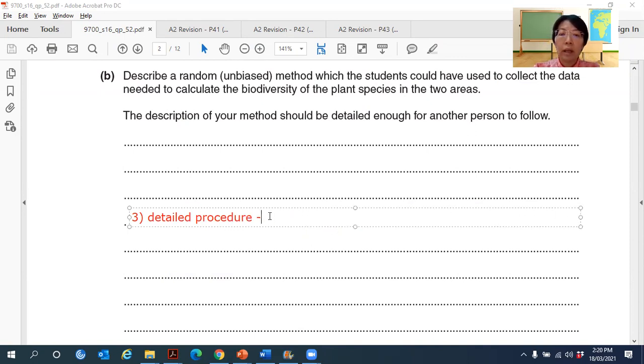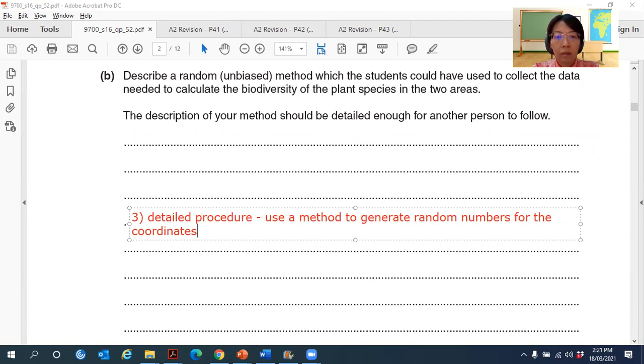So after you have drawn the grid, whatever points I've written just now, after drawn the grid and after assign the coordinates, so you have to choose the quadrant for sampling by use a method to generate random numbers for the coordinates. Okay. So this random number method, you can use a random table, random number table.